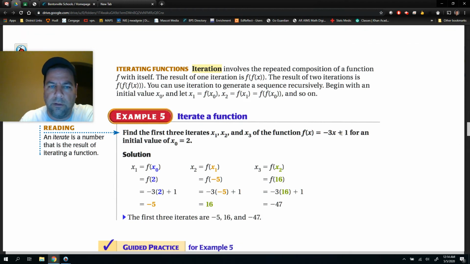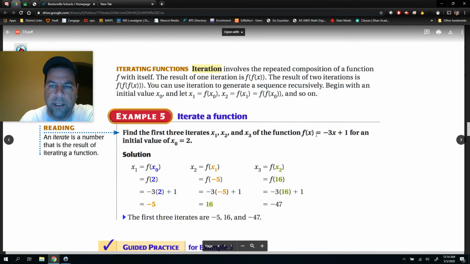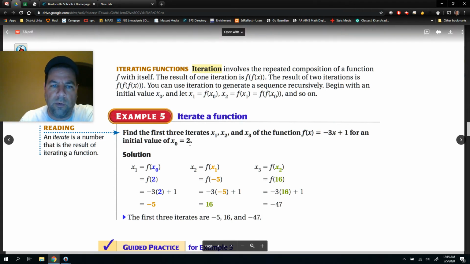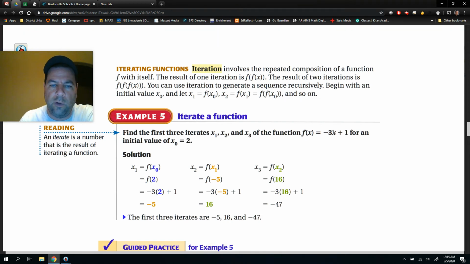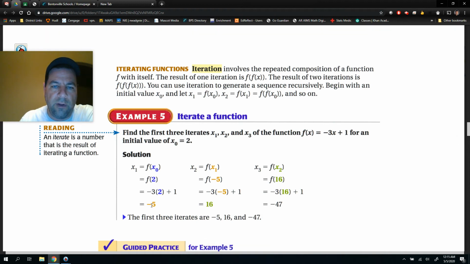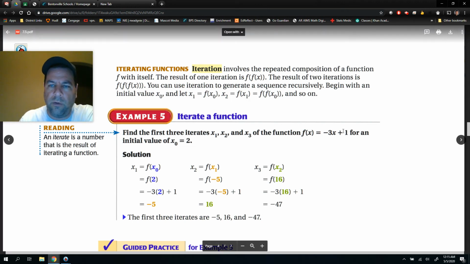So here's the function. x sub 1, I'm going to do x sub 0. x sub 0 is 2. So I've got to plug in 2 for x. Okay? Get negative 5. Then I'm going to plug in negative 5 for x and get 16. Then I'm going to plug in 16 for x and get negative 47. So you see what I'm doing here?